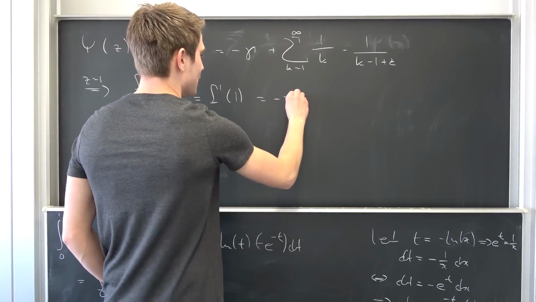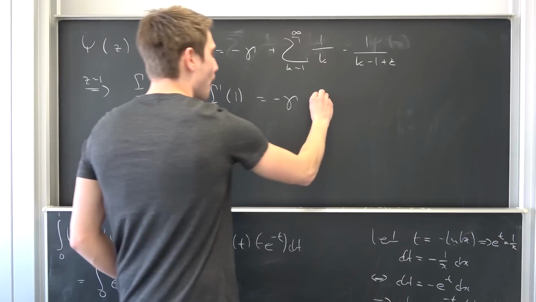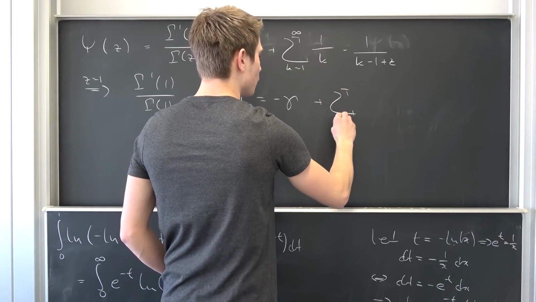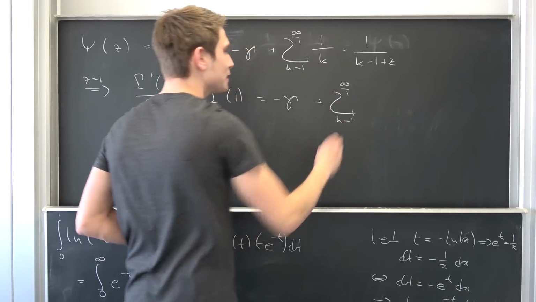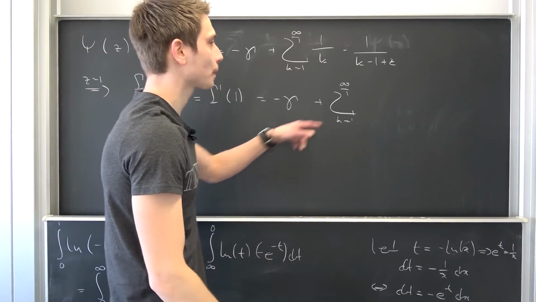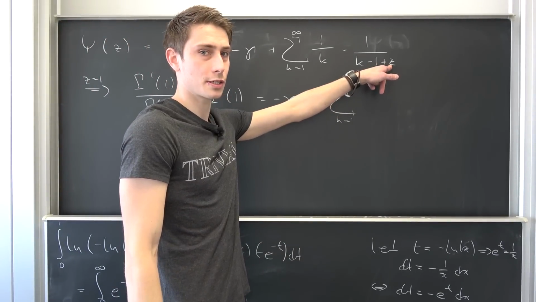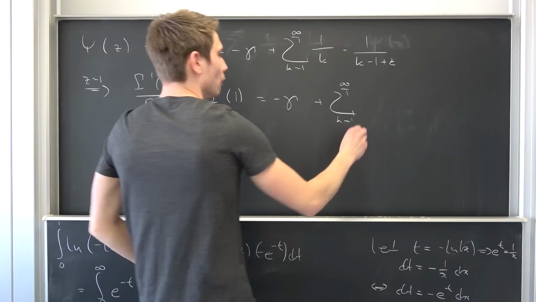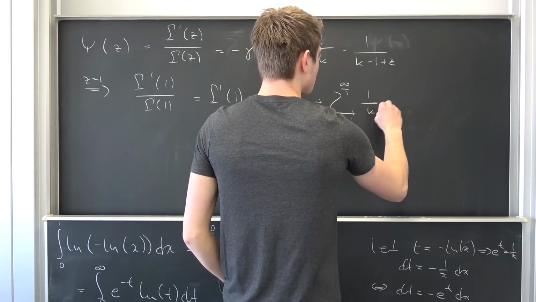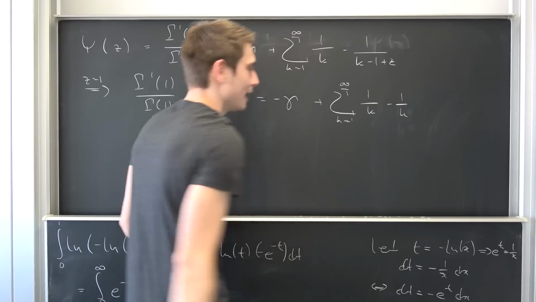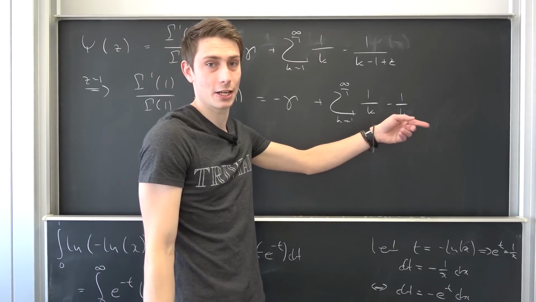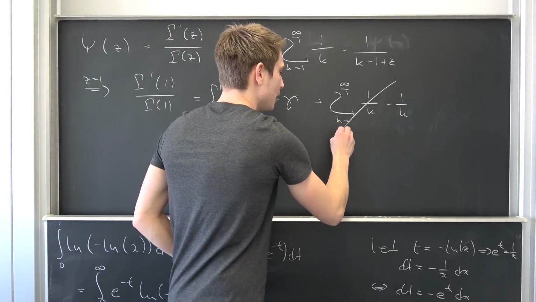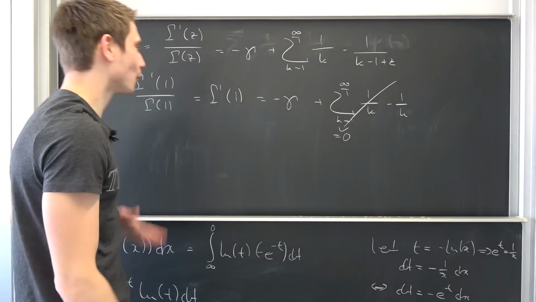Is equal to, okay, negative Euler-Mascheroni constant plus a sum running from k equals 1 to infinity of 1 minus 1 is going to evaluate to 0. So we have 1 over k minus 1 over k. And this right here is a bloody amazing telescopic sum, which is going to evaluate to 0 overall.